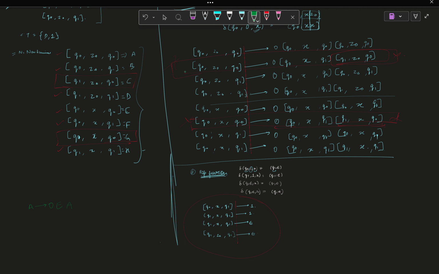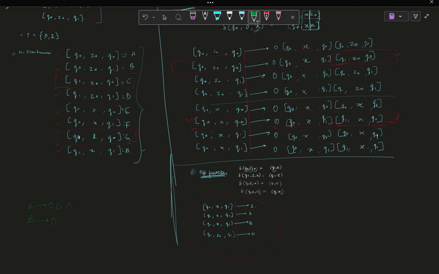And since this is useless, we are going to move on to our B, which is Q naught Z naught Q1 goes to 0 Q naught X Q naught, which is A. Wait, it's Q naught X Q naught, right?